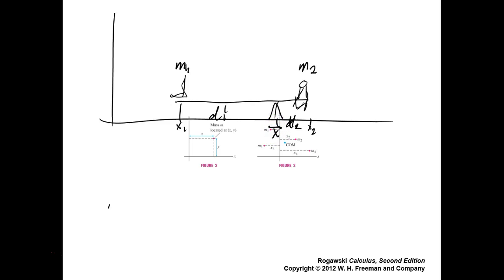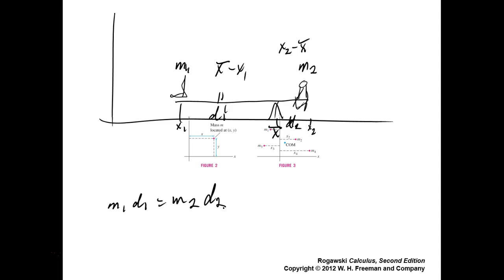Okay? Now, D1 is obviously X bar minus X1, and D2 is X2 minus X bar. Okay? So, Archimedes said that M1 D1 is equal to M2 D2.